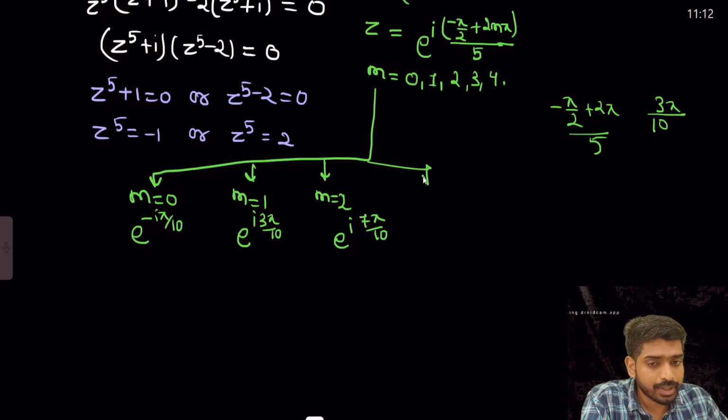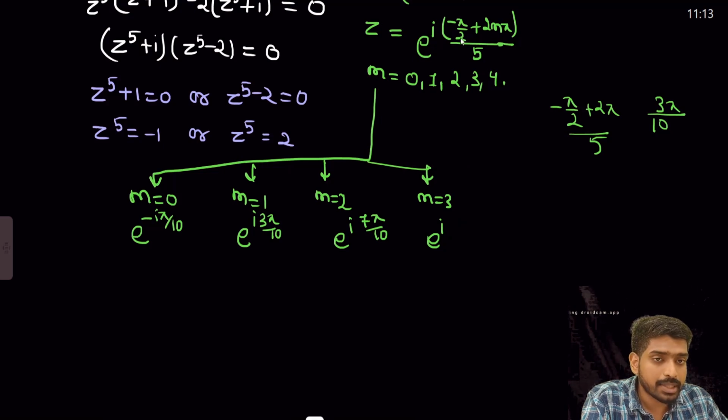Next, keep m value as 3. We will get e to the power iota times minus pi by 2 plus 6 pi. So this will be 11 pi by 2. 11 pi by 2 by 5 is 11 pi by 10.